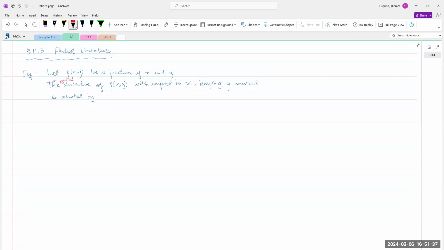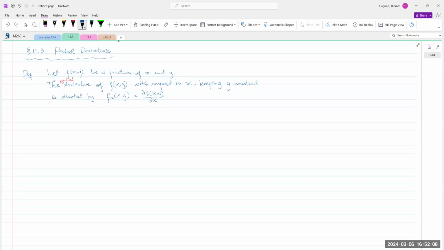Okay, now the notation. The first notation is f subscript x of x, y. That's the first notation. The second notation is dou f of x, y with respect to dou x. So dou f dou x.